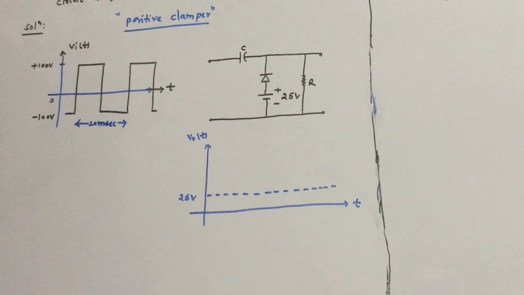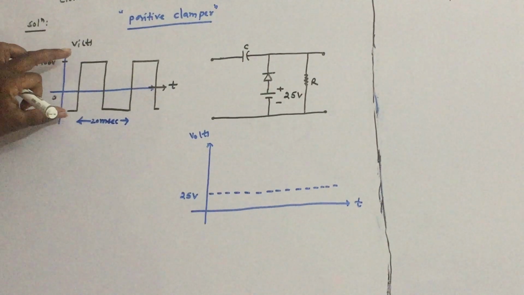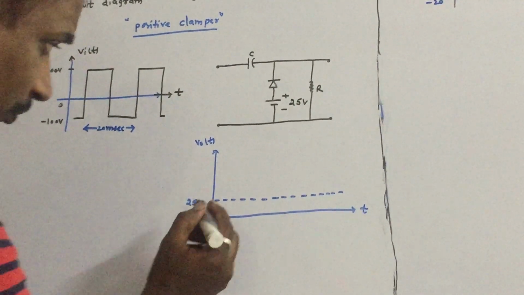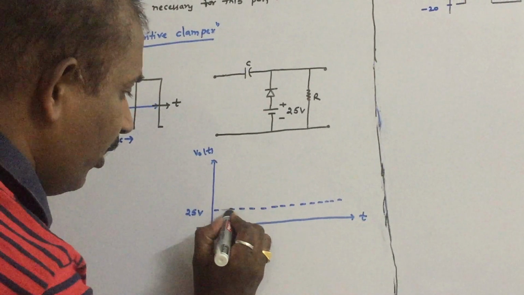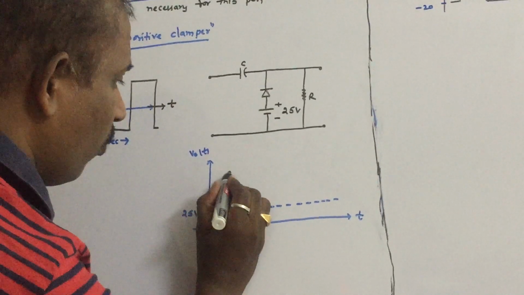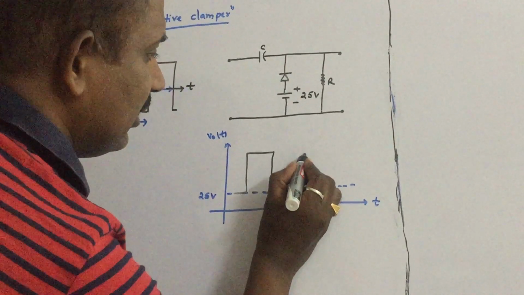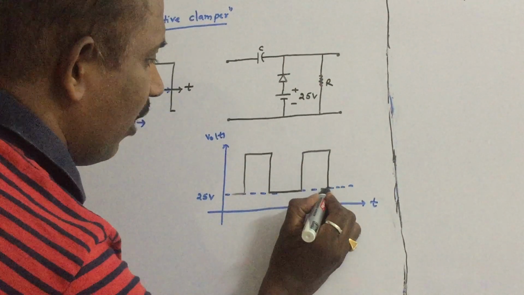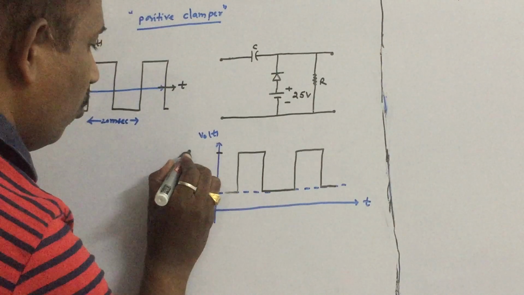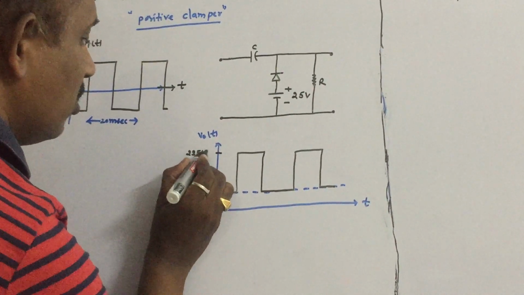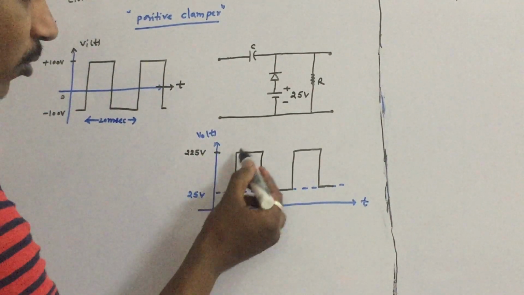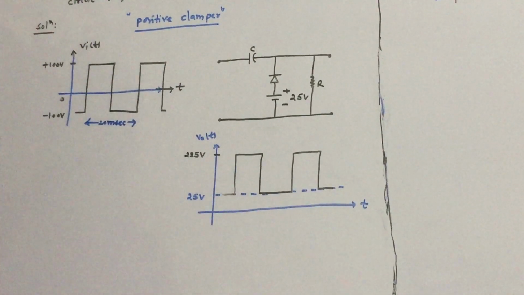Because the peak to peak is 200 volts, 25 plus 200 will become 225. So this kind of output waveform will come. This one is 225 volts. Therefore the difference is 200 volts, and the difference remains the same.